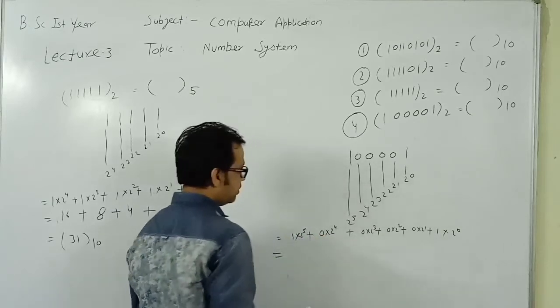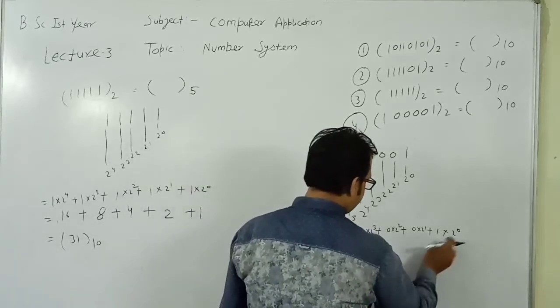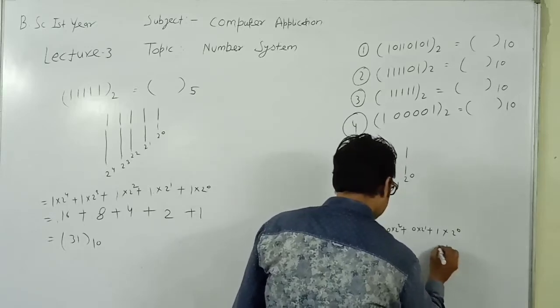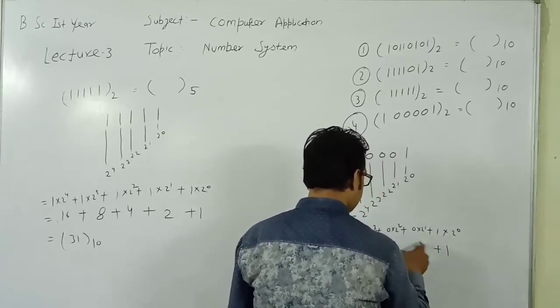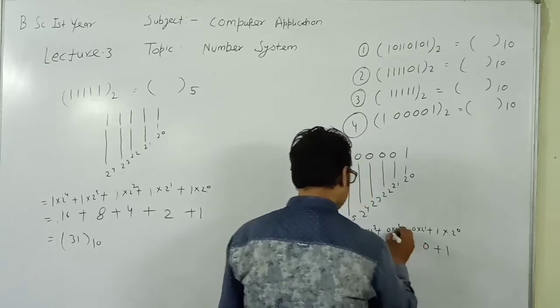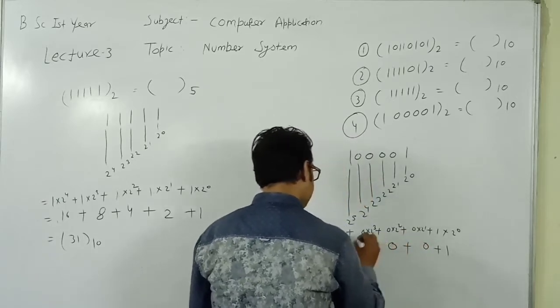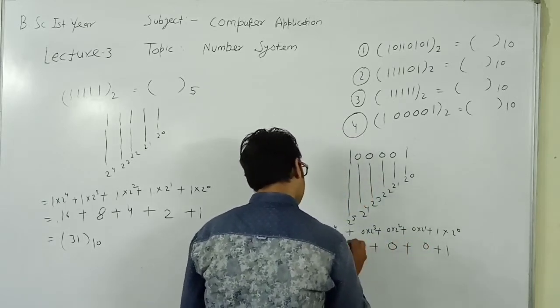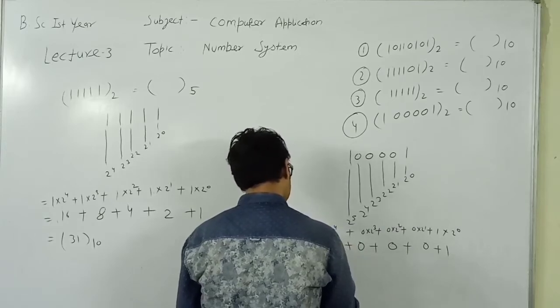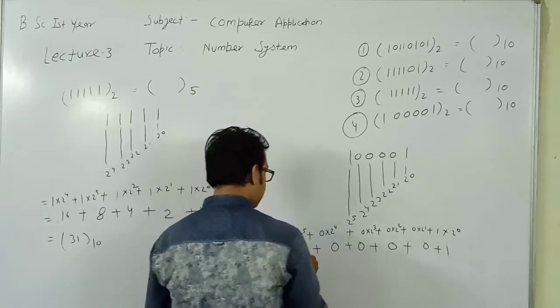Now convert this. This is 2 to the power 0, 1 into 1, 1. This is 2 to the power 1 into 0, 0, 2 to the power 2 into 0, 0, 2 to the power 3 into 0, 0, 2 to the power 4 into 0, 0, plus 2 to the power 5, 32 into 1.